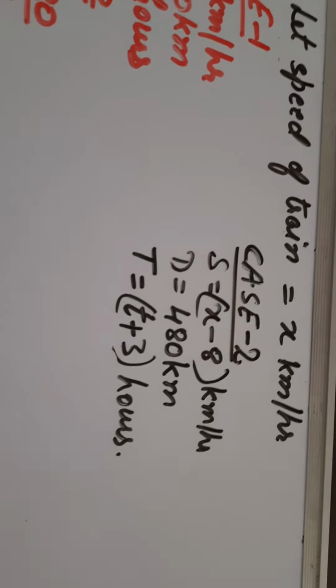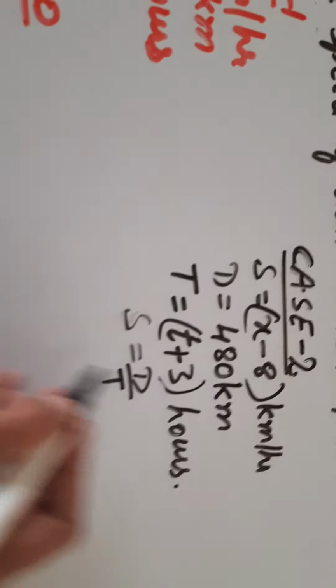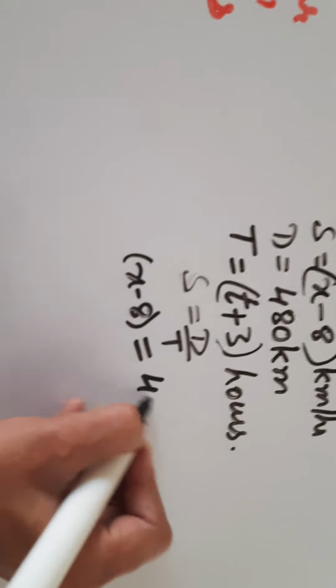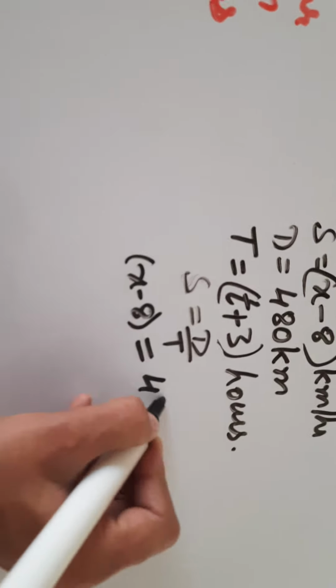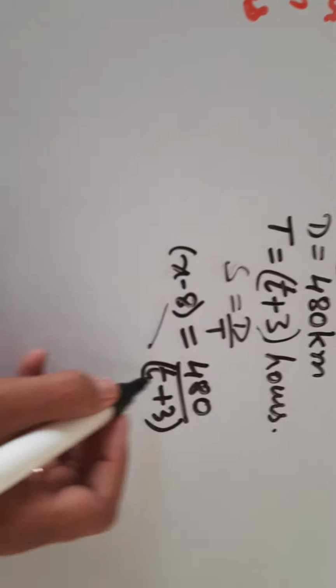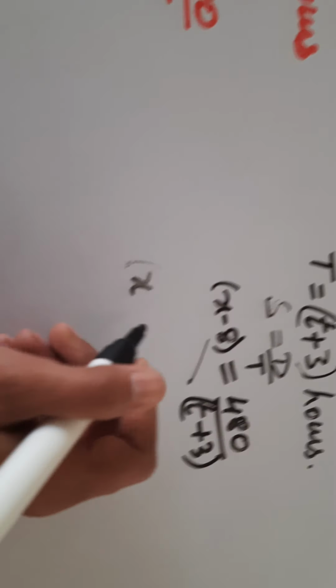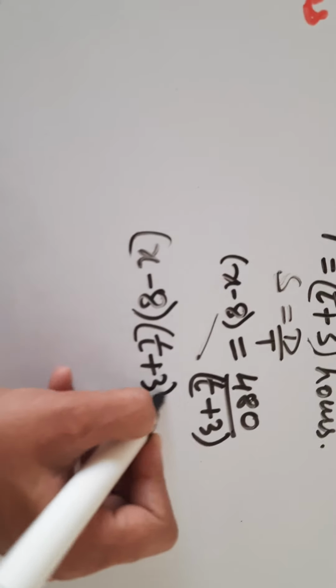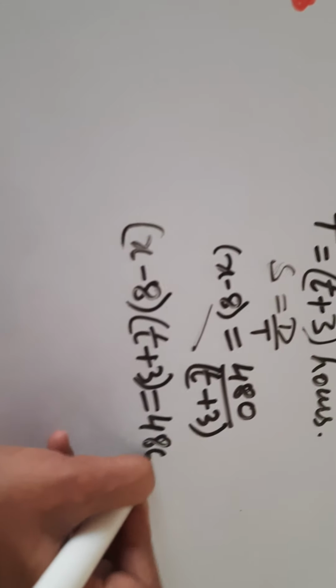Again we'll use the same formula. Speed is equal to distance upon time. Speed is x minus 8 is equal to distance, constant 480, upon time t plus 3. So let us combine them, cross multiply. We'll get x minus 8 into t plus 3 is equal to 480.